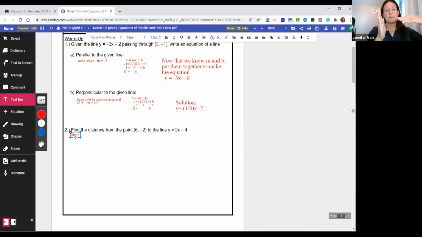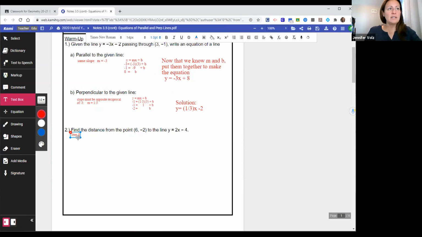Remember, distance is a perpendicular. So from a point to the line, you have to find the perpendicular line and figure out the point where the perpendicular intersects with the line.